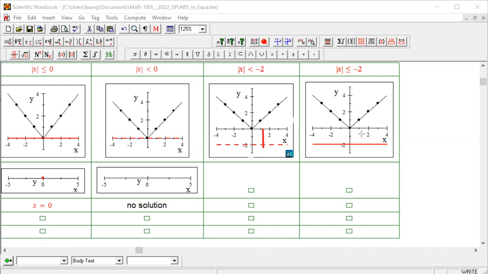We don't have anything touching or beneath. We don't have these from the output of the function, because all the output is measured from the origin. All the input is also from the origin. Output is measured vertically from the origin. Input is measured horizontally from the origin. So in all of these cases, there's no solution.